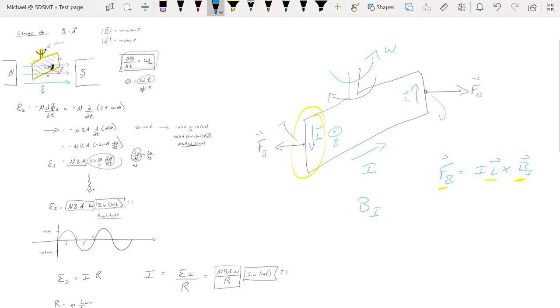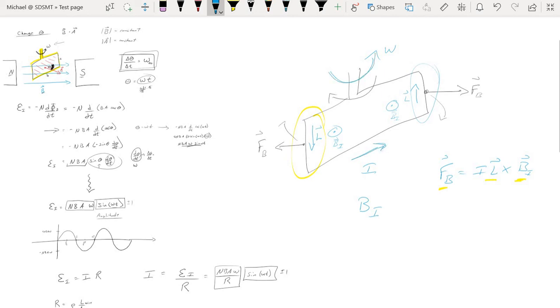And then if we try the same thing with the other end, okay, L has to point up, force is thumb, that points to the right, middle finger has to point out of the page towards us. And so that would be the direction of the induced magnetic field when the current is flowing that way.